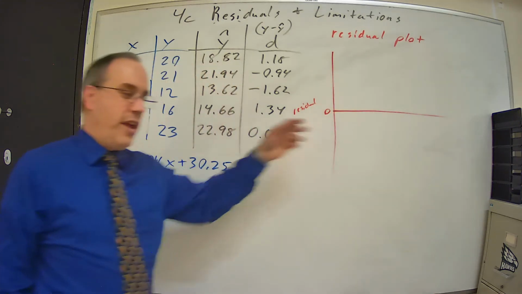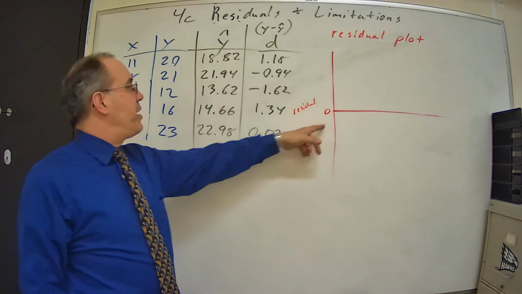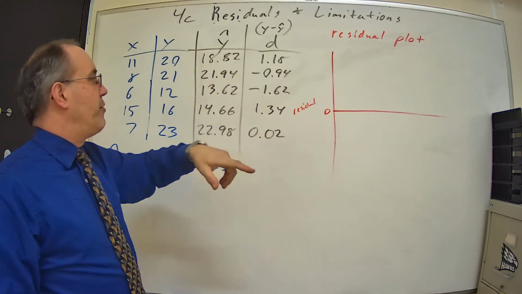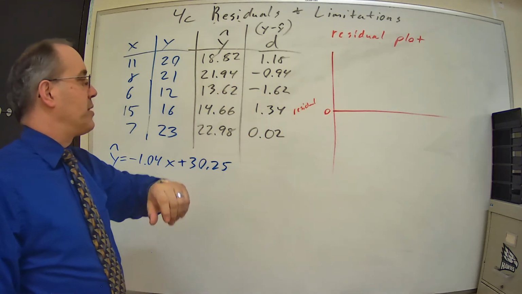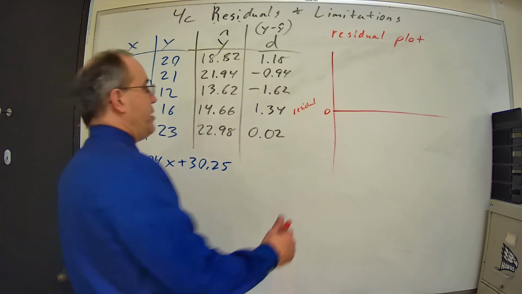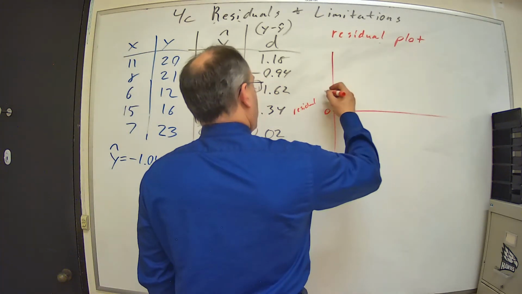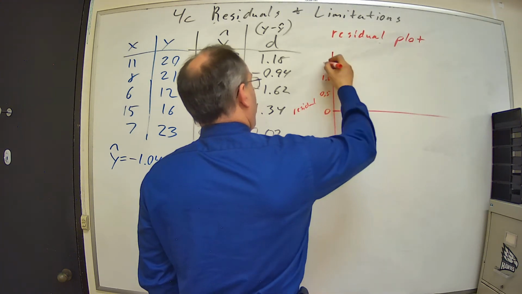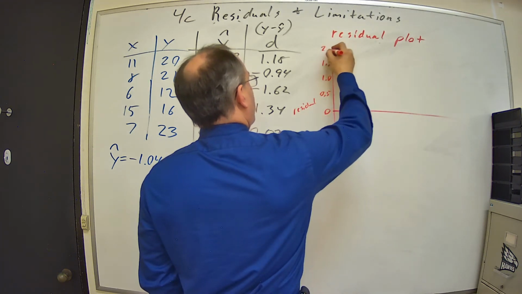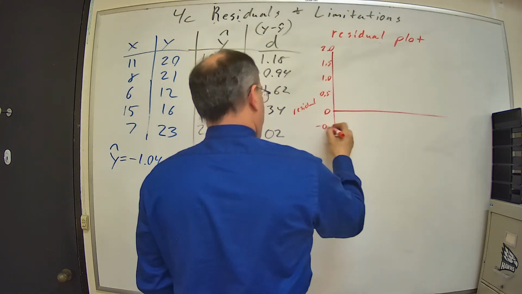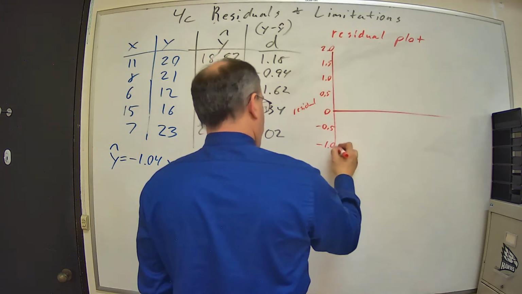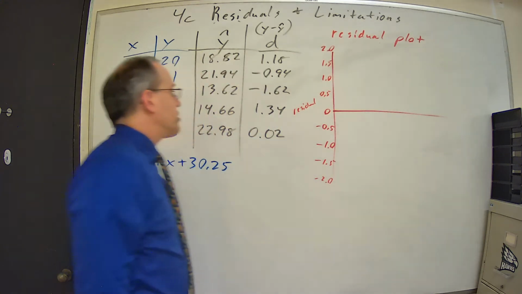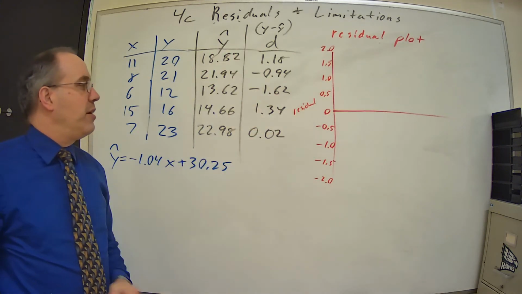We're going to go up to 1.34, down to negative 1.62, so we make sure we cover those ranges. So how about 0.5, 1.0, 1.5, 2.0, and negative 0.5, negative 1.0, negative 1.5, negative 2.0, just to make sure that we can fit it all in.